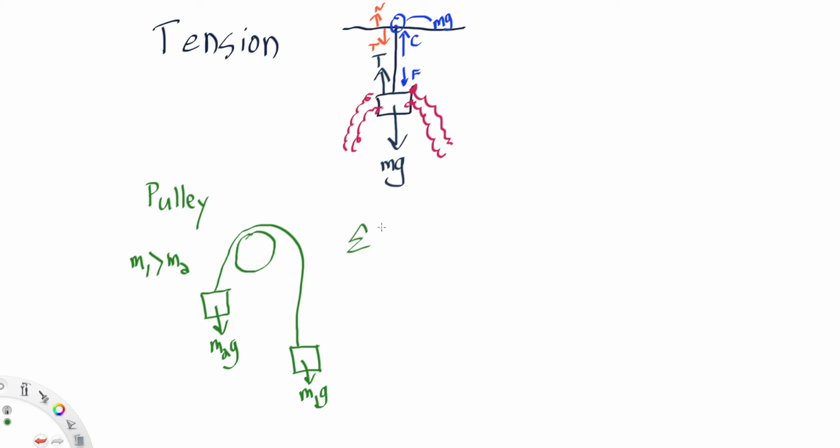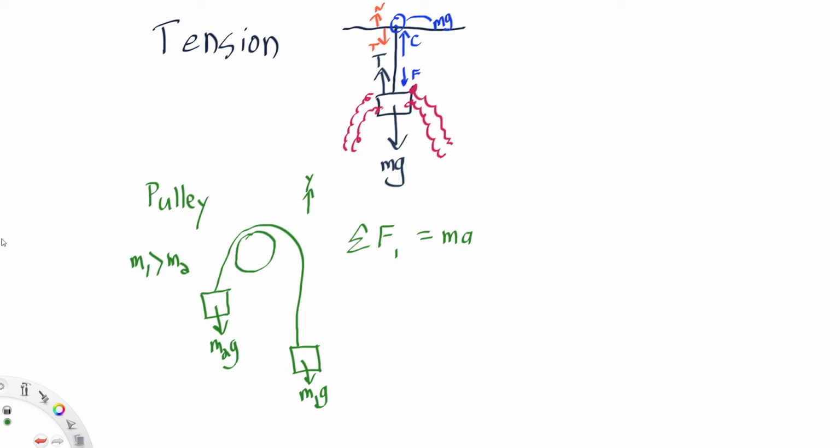So the sum of forces on box 1 equals MA. A is the thing that we don't know, but this is really just a one-dimensional problem. You say up is the positive y direction. So we don't really need to deal with vector force and vector acceleration.